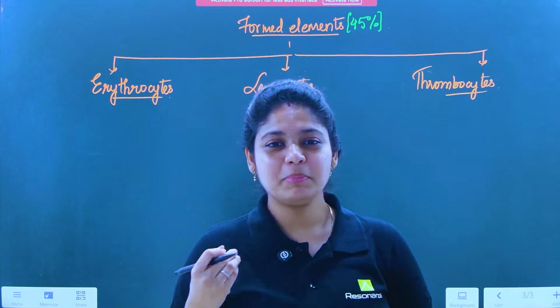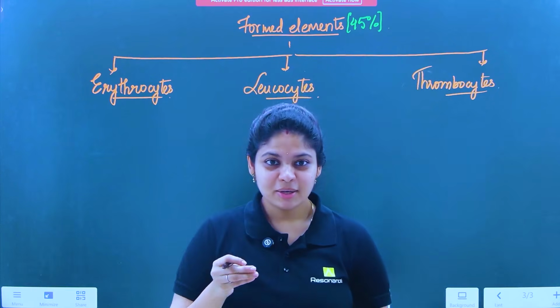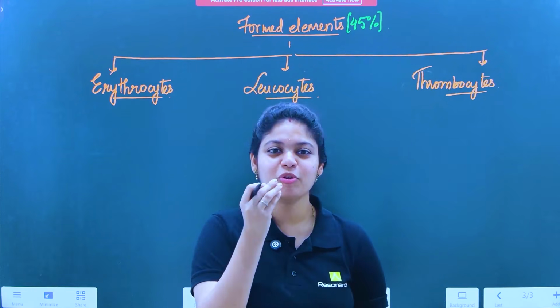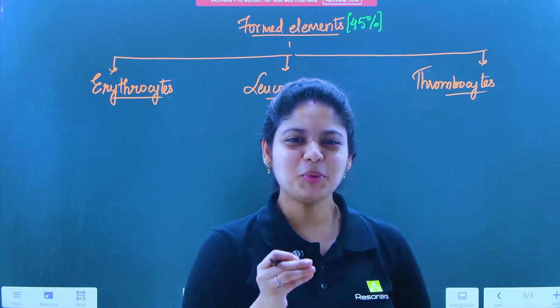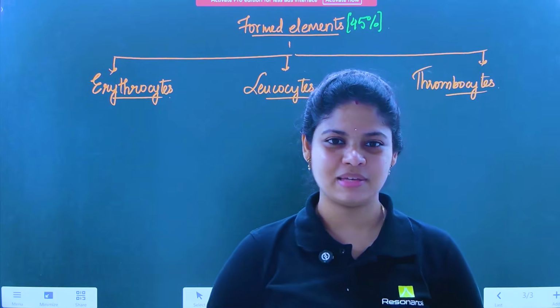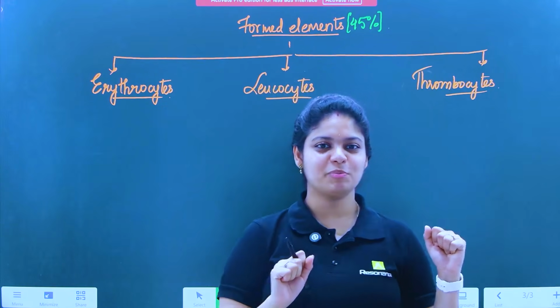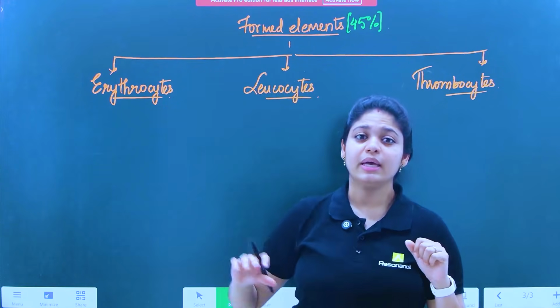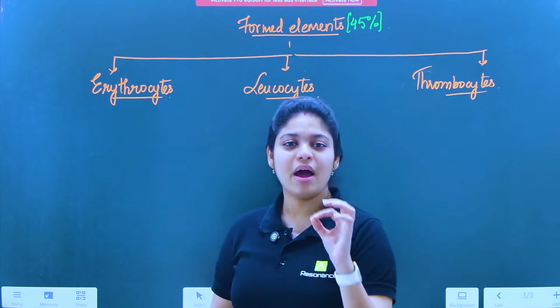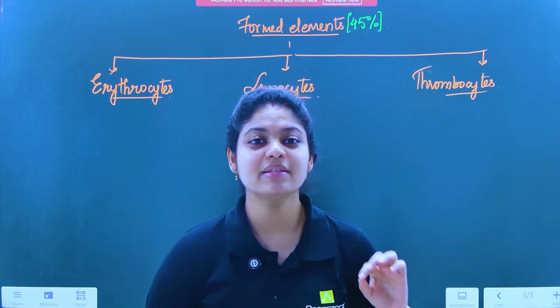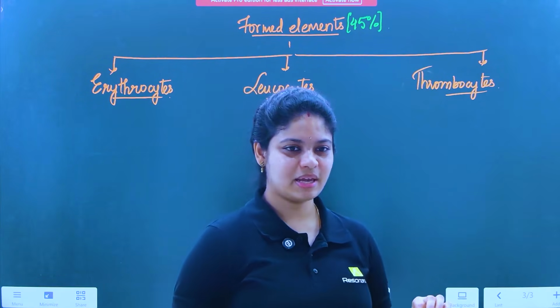Now we will be learning medical terms, because we are two steps back from a doctorate. BiPC means doctors only, no? So two steps back from our medical seat, we will be learning medical terms only. So in the formed elements, the three components are erythrocytes, leukocytes and thrombocytes.